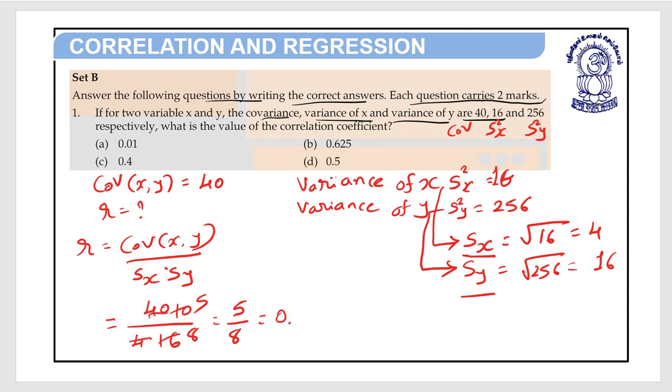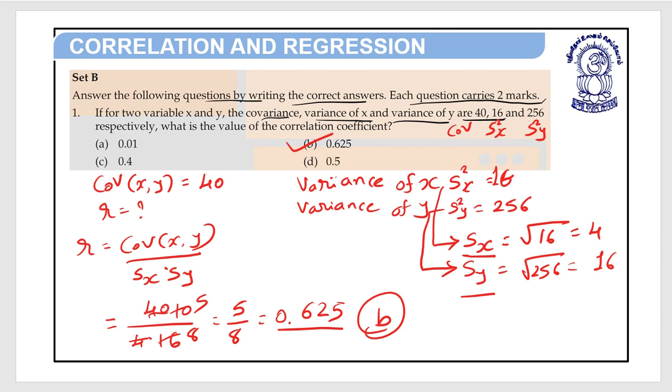So 80, 8 6s are 48, 50 minus 48 is 2, 8 2s are 16, 40, 8 5s are 40. So it is 0.625. So option B is the right answer. Value of correlation coefficient is 0.625.